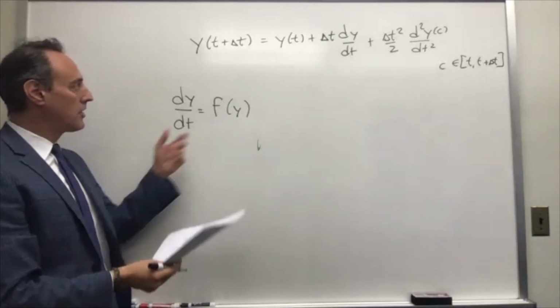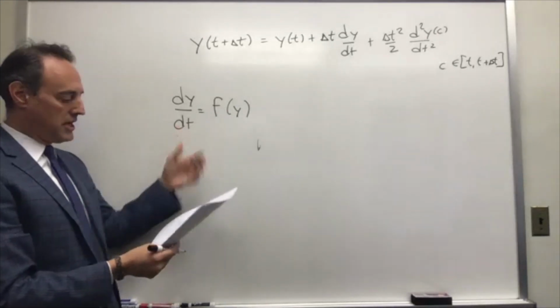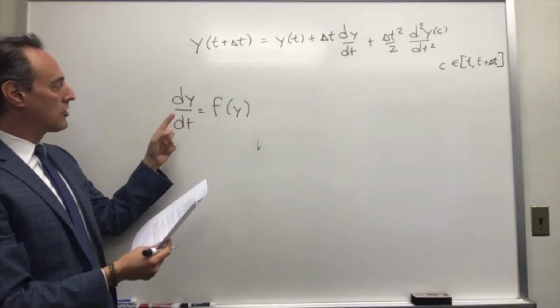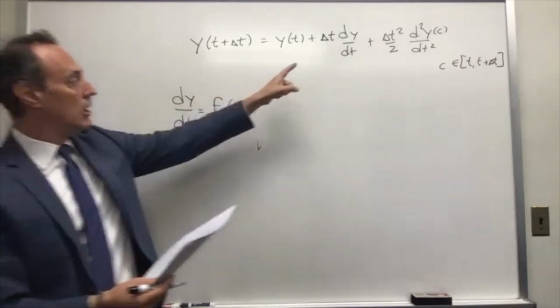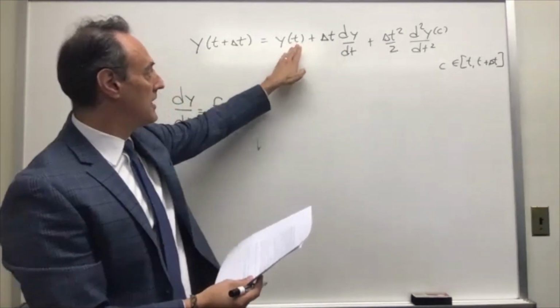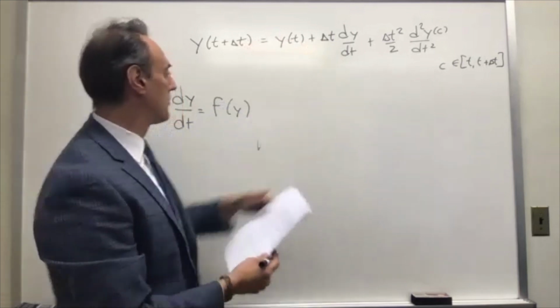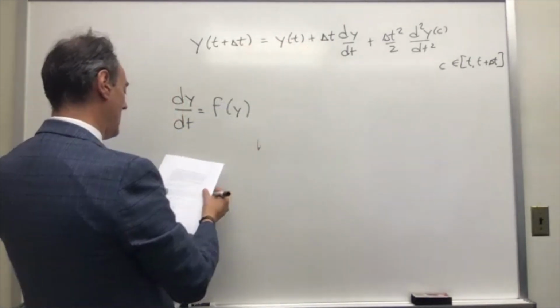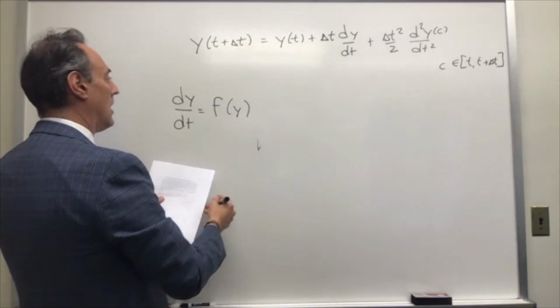If I want to solve a differential equation such as this, then you can see that if I start to use dy dt, I can pull it out from right here. If I take that y of t over and divide by delta t, then this thing here is going to give me a nice representation of the dynamics.